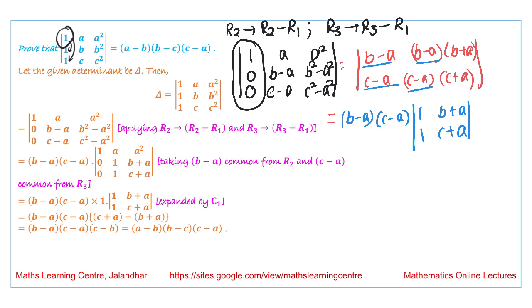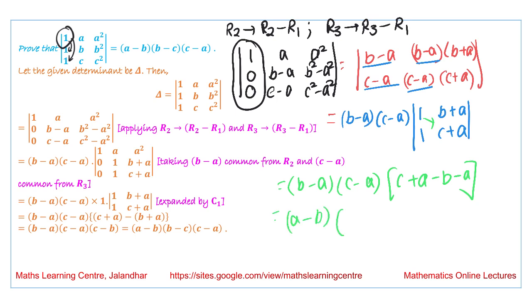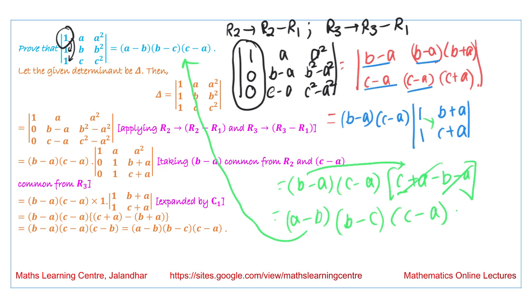Now either you can directly open this determinant, you will get the answer, b minus a into c minus a. When you multiply these terms, you will get c plus a minus b minus a. So what we get, the answer is a minus b into, from this gets cancelled, we have minus sign, we have adjusted over here, you will get b minus c, and last we are getting c minus a, and this is what we have to prove.